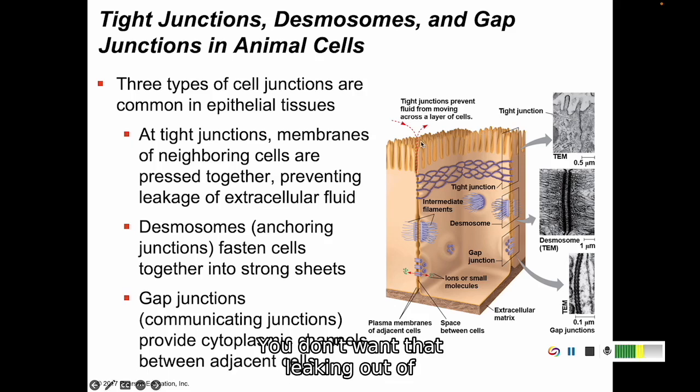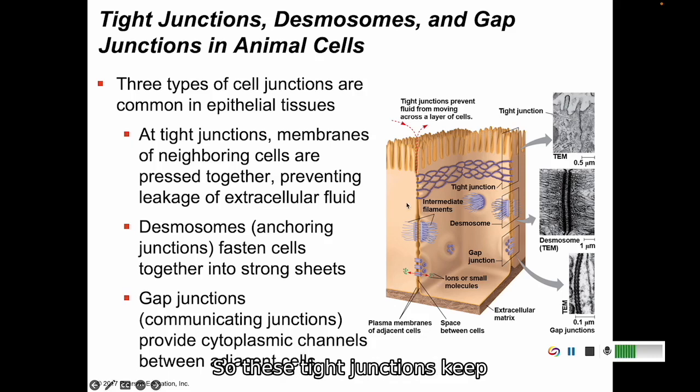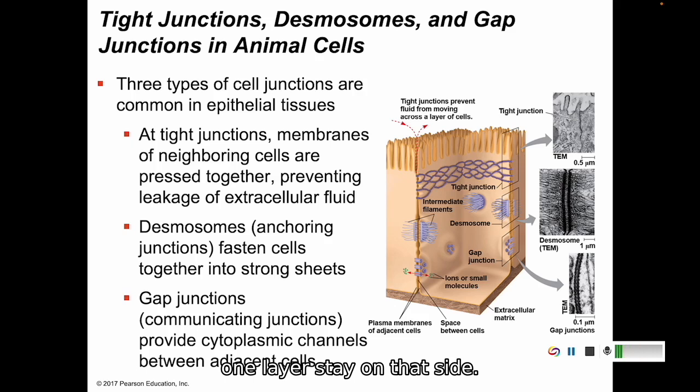You don't want that leaking out of your intestines and just floating through your body. So these tight junctions keep your epithelial cells stuck very tightly, so things that are supposed to be on one layer stay on that side.